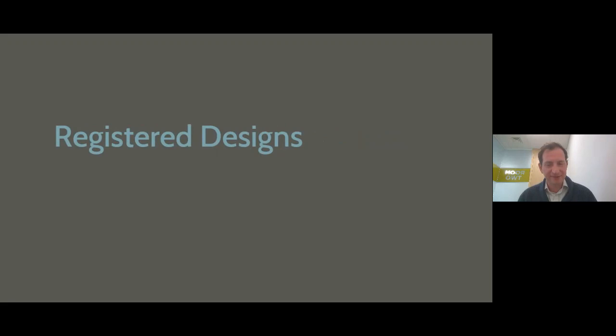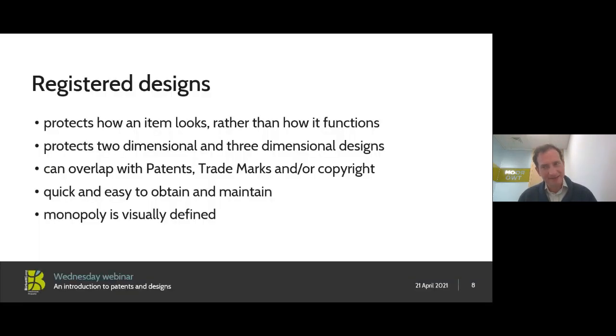Just looking at registered designs in a bit more detail. Next slide, please. We're looking to protect how something looks rather than its functionality. So just going back to that idea of the smoking device, there can be 2 layers of protection there.